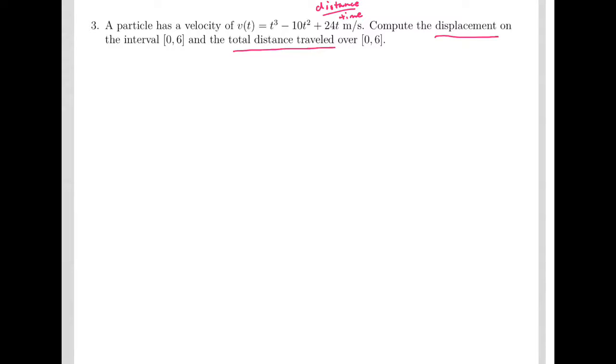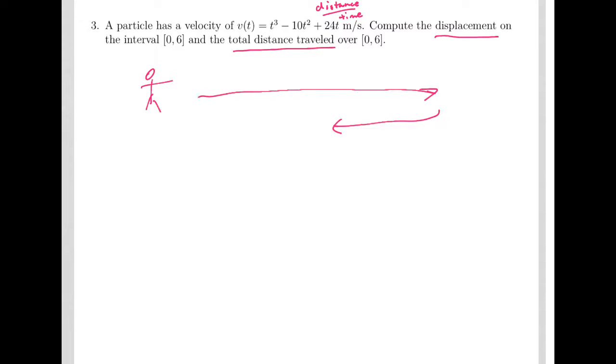All right, so velocity you can think of as distance over time, right? But in fact, it's distance over time. No, I was right. Ignore my oh no. It's distance over time. So what's the difference between displacement and total distance? So I'm going to draw a picture real quick and then I'm going to erase it. So let's say that I go on a walk and I walk this way and then I turn around and I walk back.